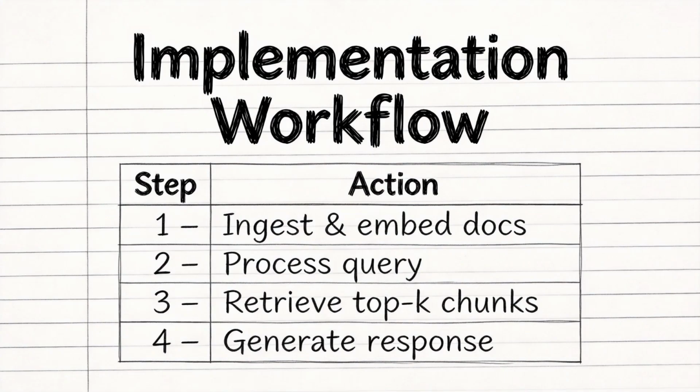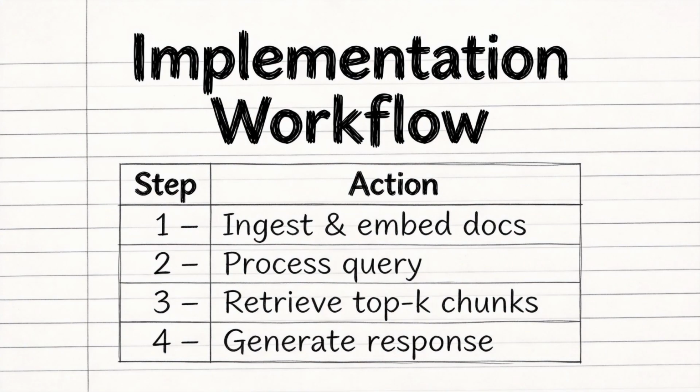Implementing RAG follows a clear four-step workflow. First, you ingest your knowledge base, PDFs, web pages, or databases, and split them into manageable chunks. Each chunk is passed through an embedding model and stored in a vector database. Second, when a user submits a query, it's encoded into the same embedding space.